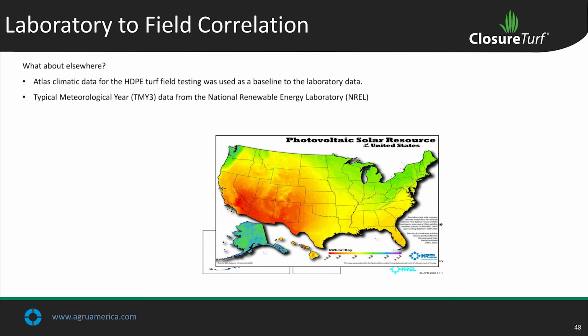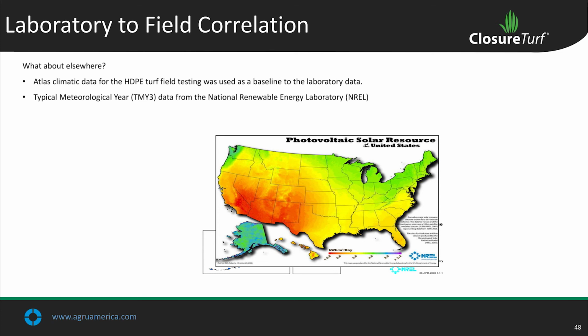How about elsewhere? Well, we've got field data here somewhere around Phoenix, Arizona, but there's all kinds of other data that's been collected all around the country. That's called Typical Meteorological Year, or TMY3 data, from the National Renewable Energy Laboratory.